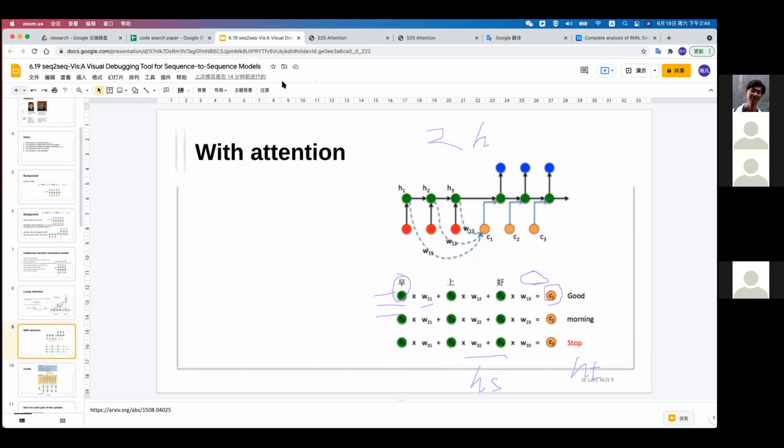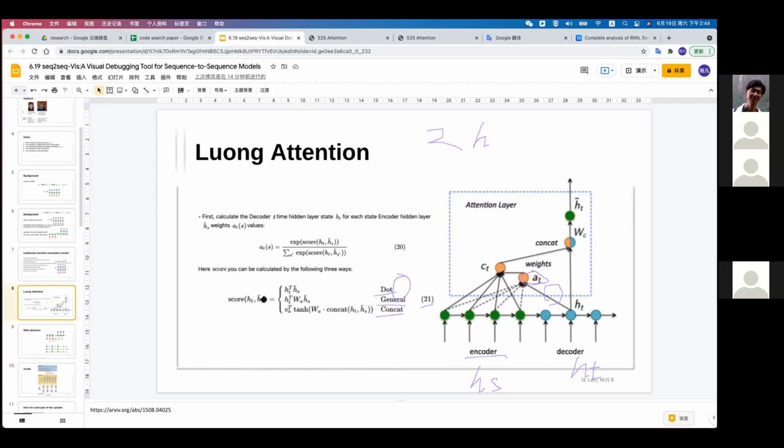Then you concat the context with the hidden state in the decoder into a final vector, and then predict the word. So this architecture computes the similarity, or relativeness, between HS and HT, and combines this information to predict the final word.